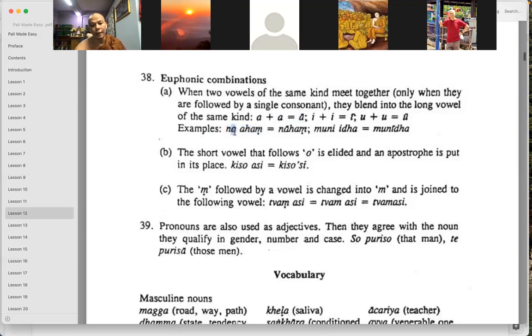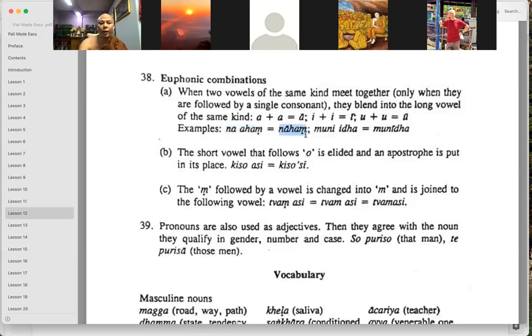Na is ending in the A, right? The first word. But the following word is starting with the A. In this position, these two short vowels can be replaced by the one long vowel. So na aham means naham.